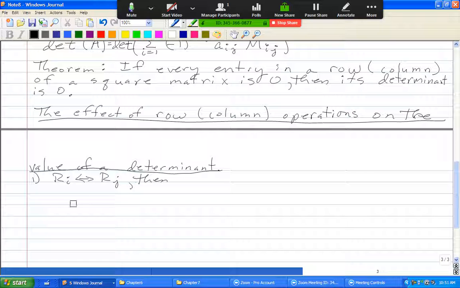So let's use the following notation. Let A be the original matrix. Of course, it's an n by n matrix. And B be the matrix after the following row or column operation.